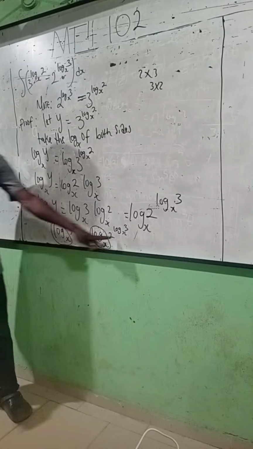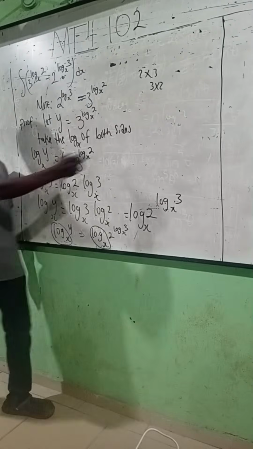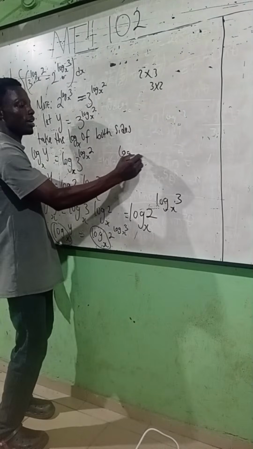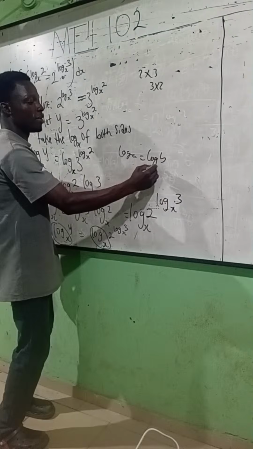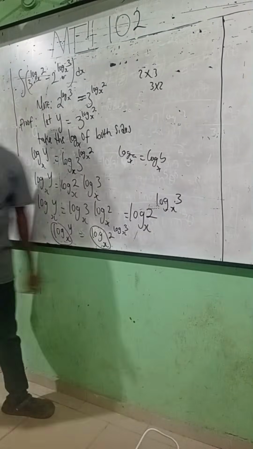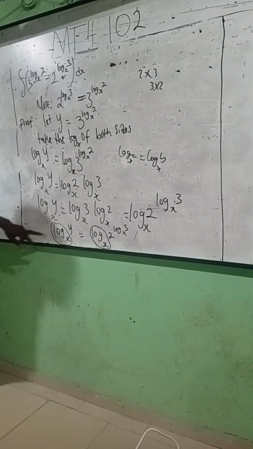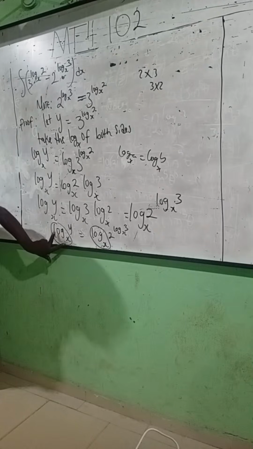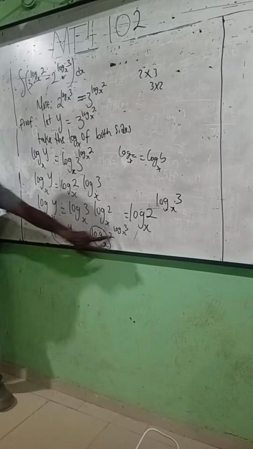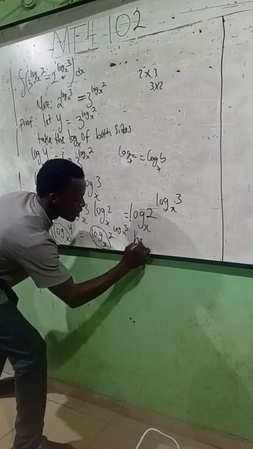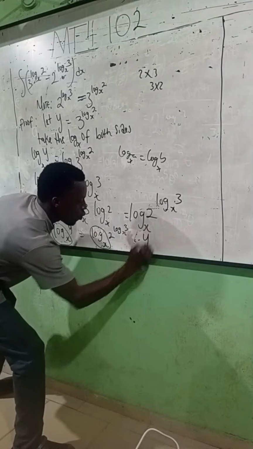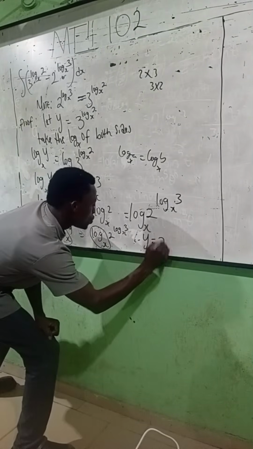That means y equals this. Do we agree? If I say log a equals log b, if the bases are equal, that means a equals b. Are we together? So since they have the same base, log base x, that means y equals this. So hence, y equals 2 raised to power what?